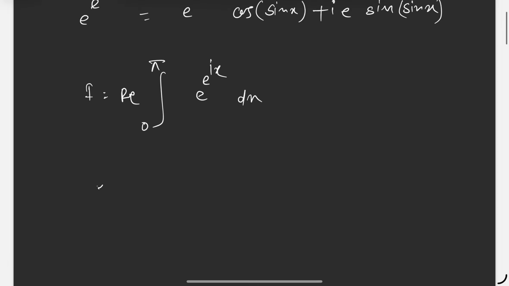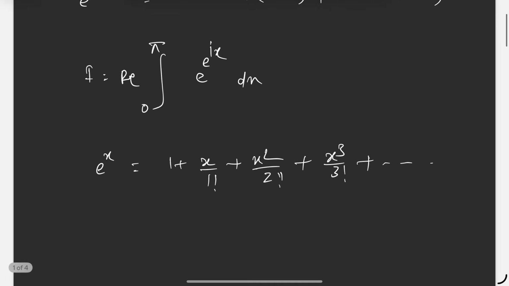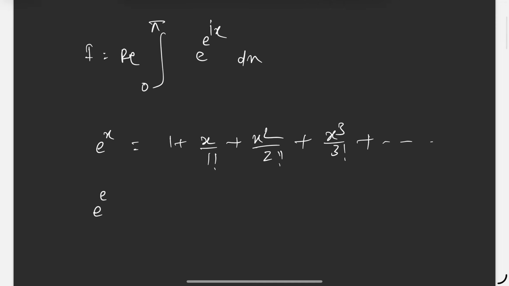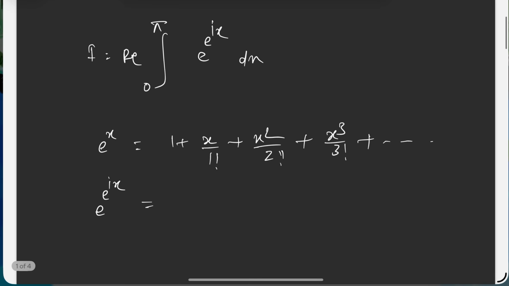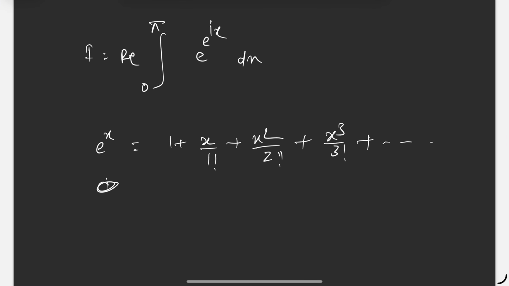All of you know e to the power x is what? 1 plus x by 1 factorial plus x square by 2 factorial plus x cube by 3 factorial, like this. So what will be e power iota x? First of all, I can write this like this also: x power n upon n factorial, sigma n equals 0 to n.